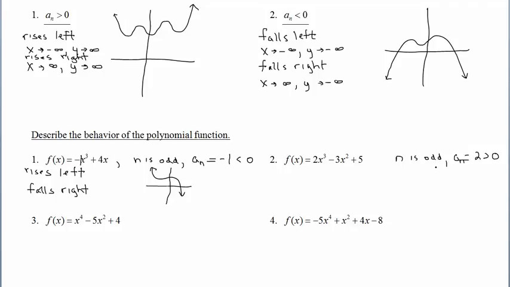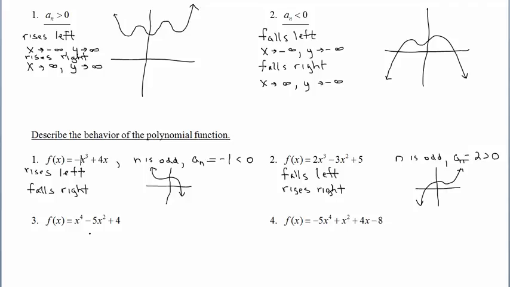So looking at our previous examples up above, if n is odd, but the coefficient is positive, the graph is going to have this basic shape at its far left and far right. So it falls left and rises on the right. It's actually just a matter of memorization.